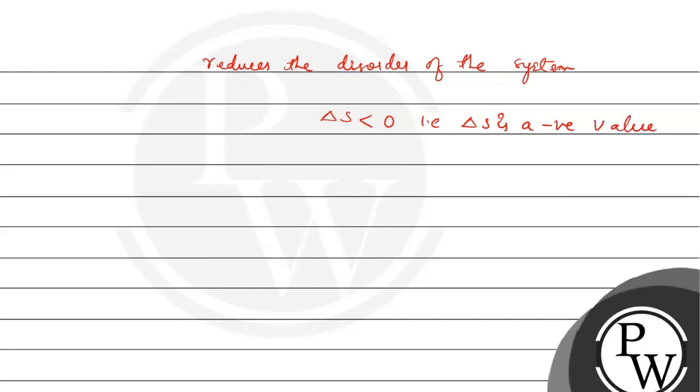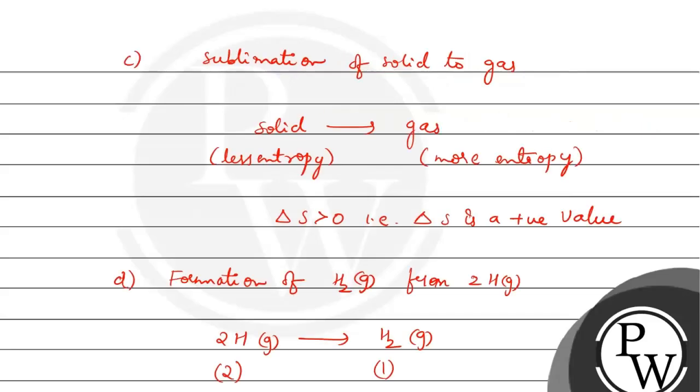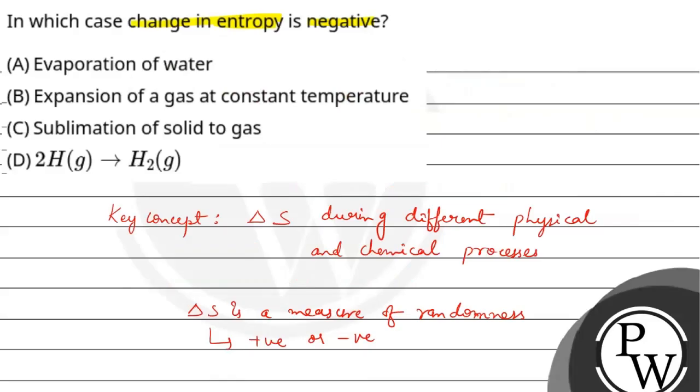So based on our analysis, we can clearly say that the only option which is negative is option D, which is two hydrogen atom forming one hydrogen molecule, H2 molecule.